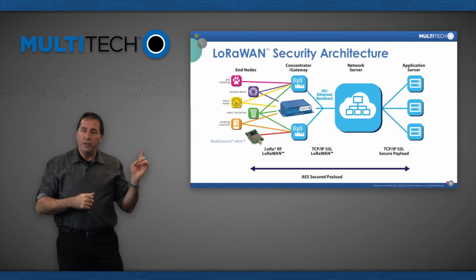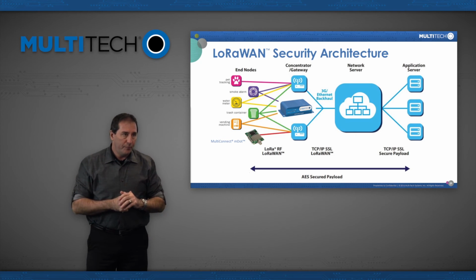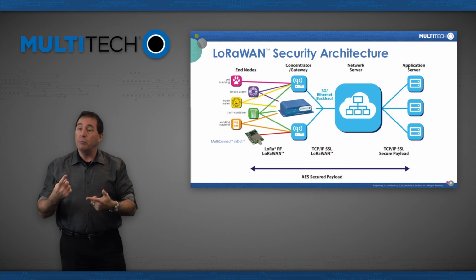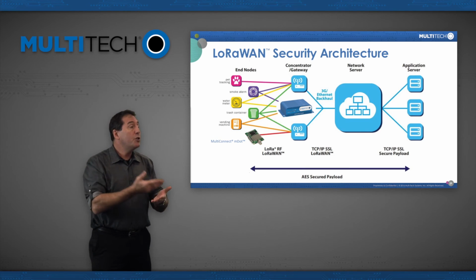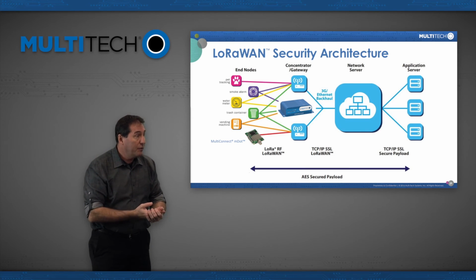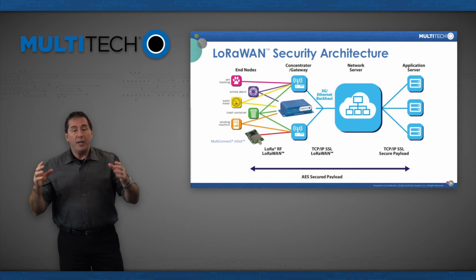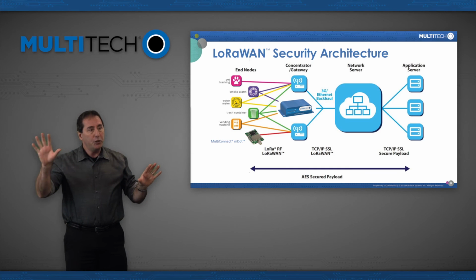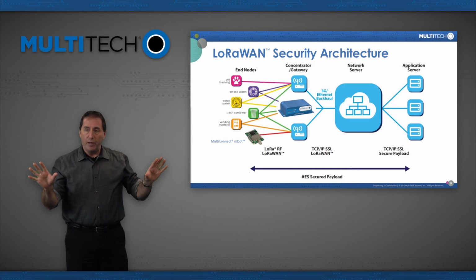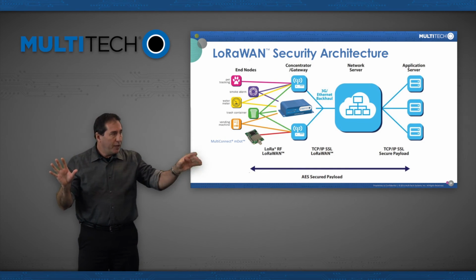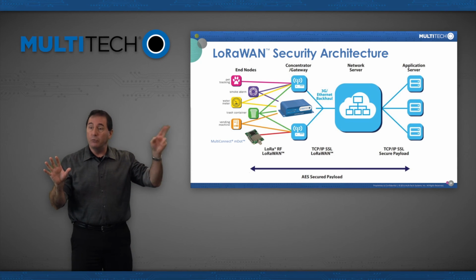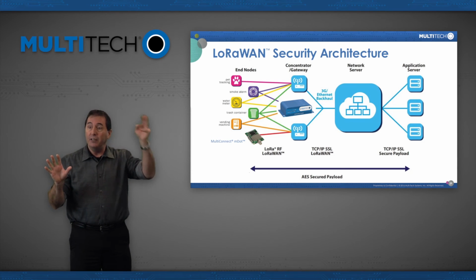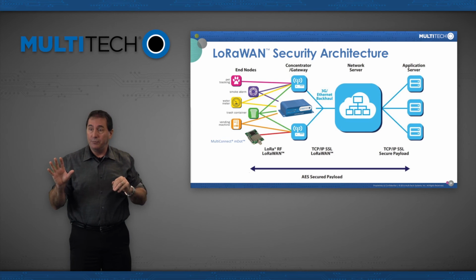So when an endpoint goes to join a network, it will go through this join process and it will talk to this thing called a join server that I mentioned earlier. There's a little bit of out-of-band communication between a device manufacturer and a join server owner, where when we create the endpoint, we share the root keys and the device ID with the join server.